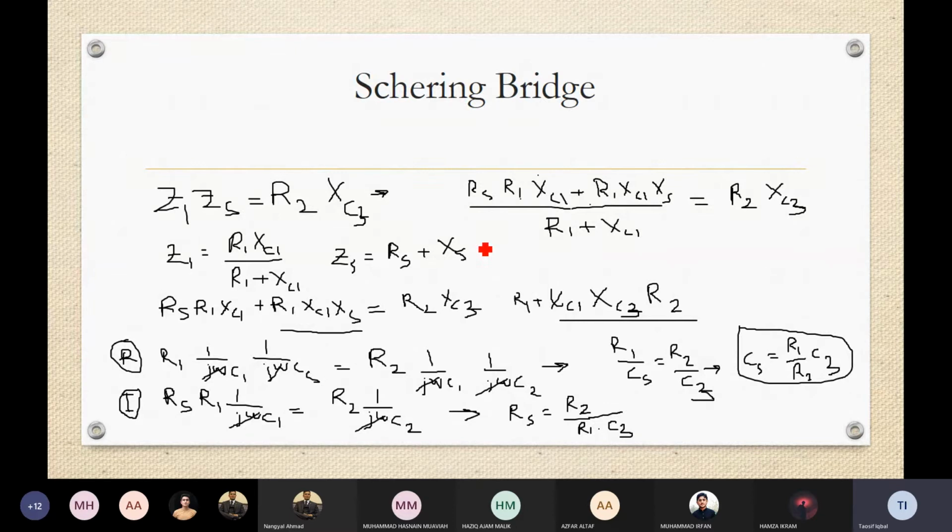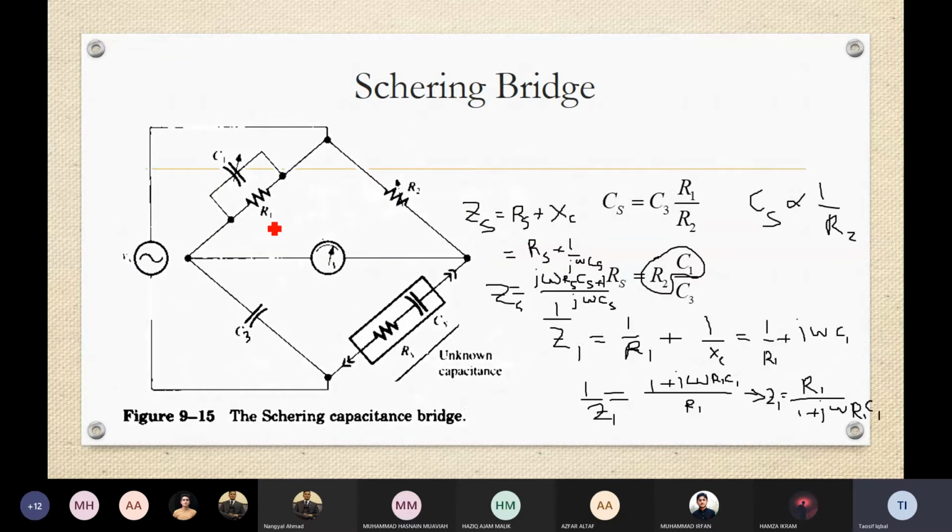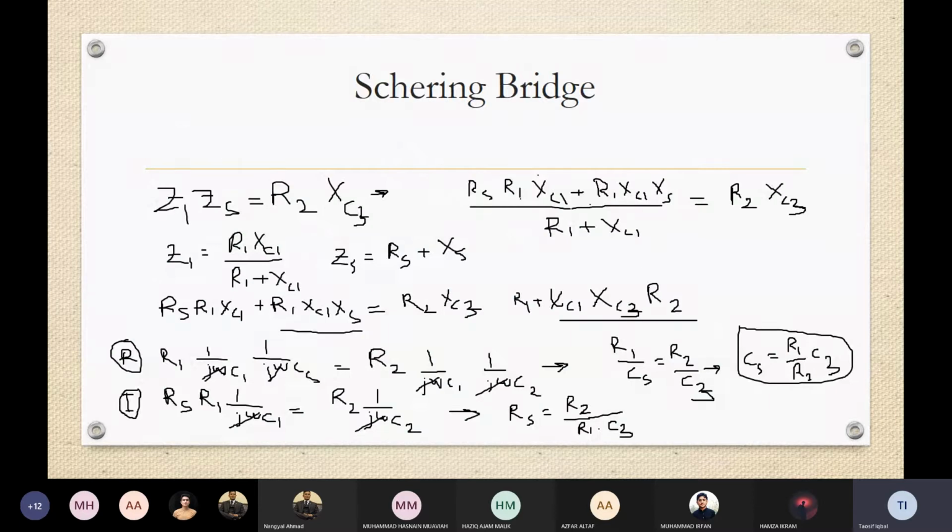Then we take out the ratio, and the ratio is going to be Z1 multiplied by Zs equals R2 multiplied by Z3. So Z1 multiplied by Zs and R2 multiplied by XC3.